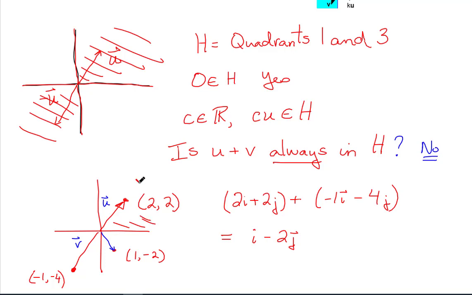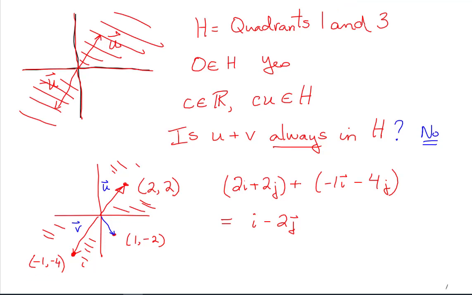Well, here was H. H was things in quadrants 1 and 3. I now get something that lives in quadrant 4. So this is not closed under the addition operation.